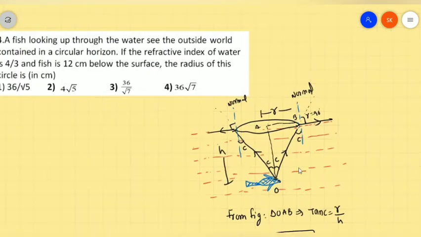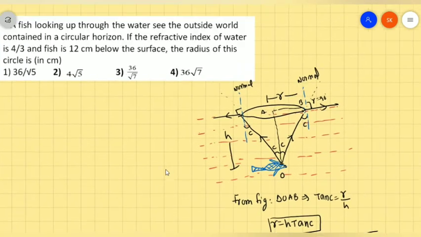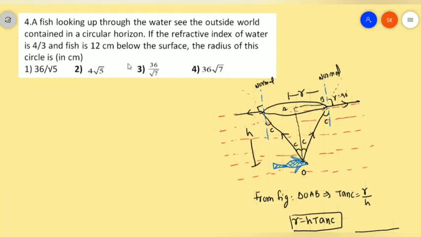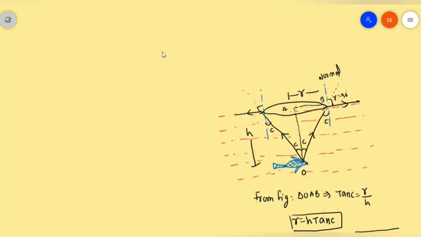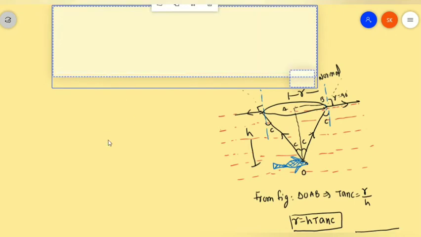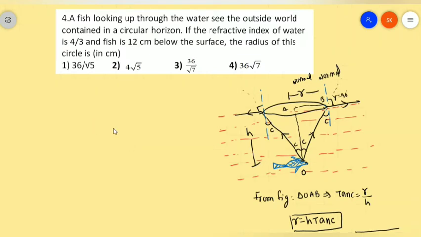What is happening in this? You see this problem very carefully. Now this problem is that you see here a fish looking up through a water sea.